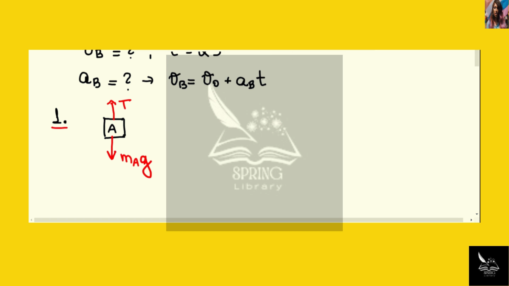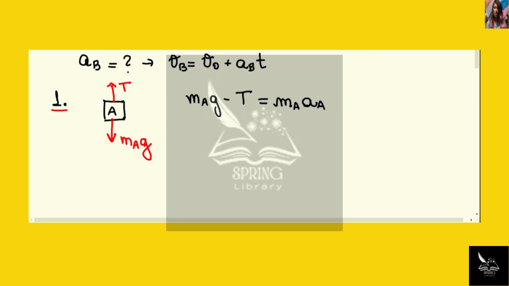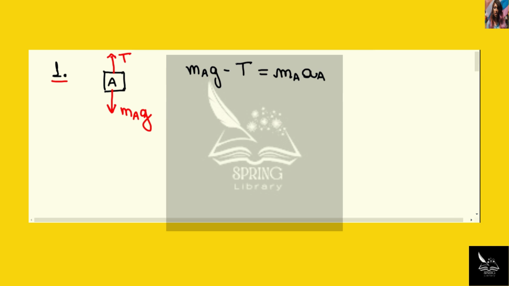Now, Newton's second law tells us that MAG minus the tension T is equal to the mass of the block times the acceleration of the block, which I'm calling AA. This is the equation that comes from the free body diagram for block A.